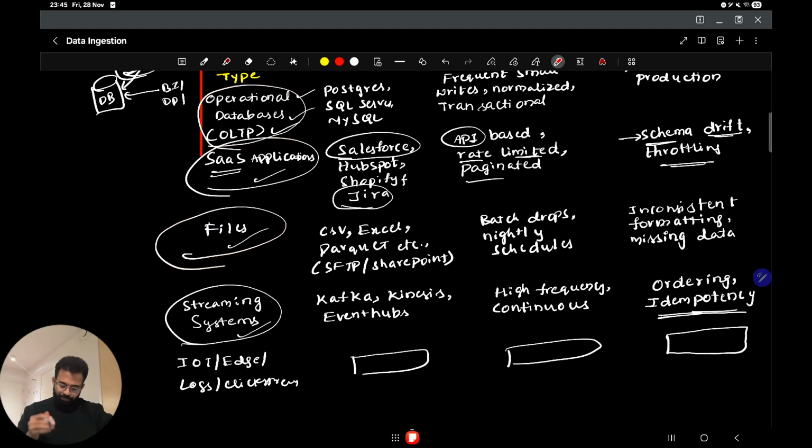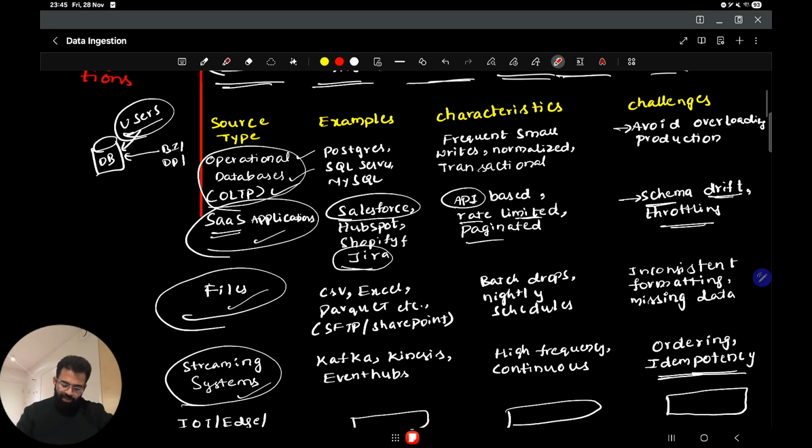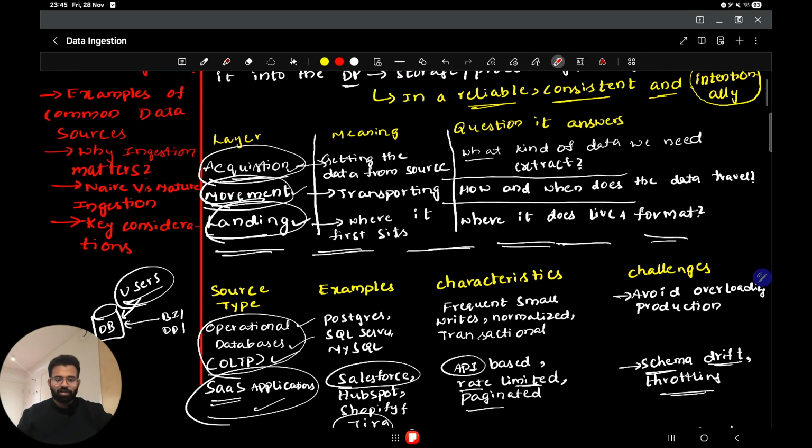And maybe 10 to 15% of the time you will end up dealing with streaming systems, and then maybe 5 or 10% of the time you'll end up dealing with API based sources or SaaS applications and stuff like that. Those are actually some of the most common data sources.